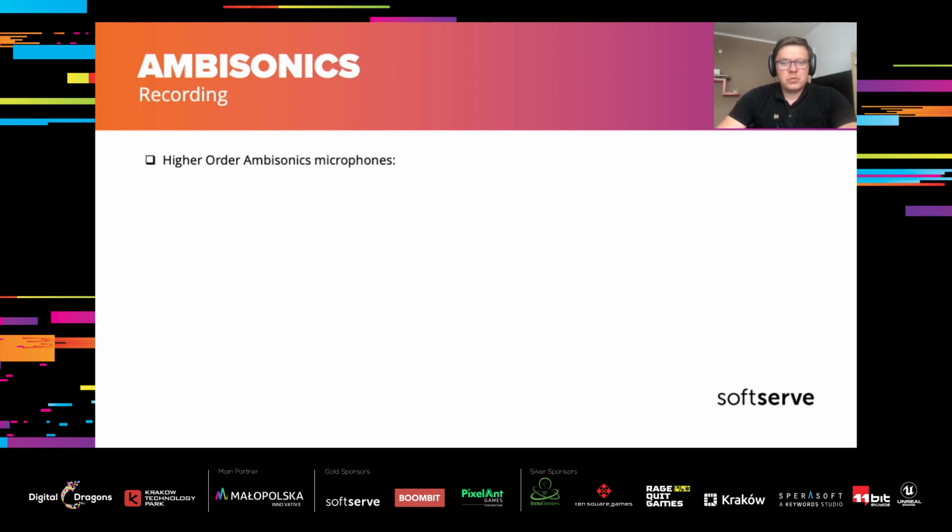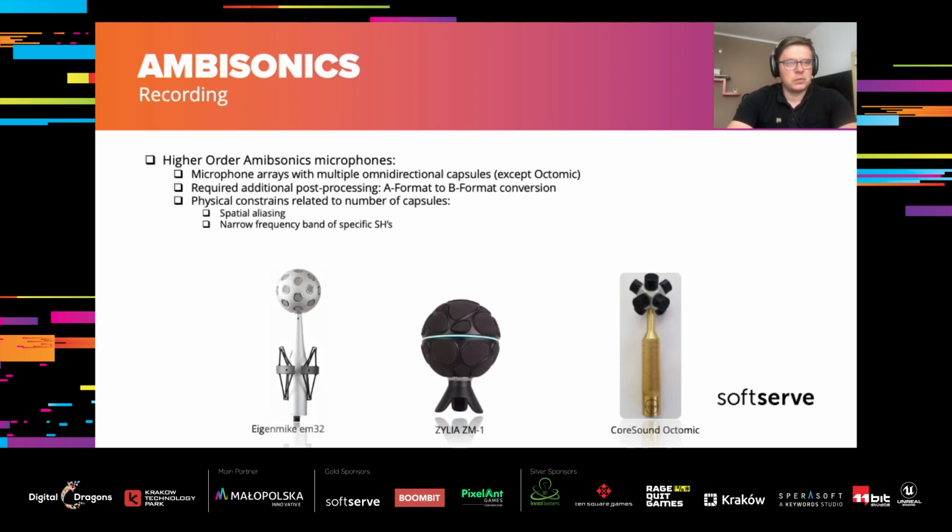Apart from first order ambisonics microphones, we also have higher order ambisonics microphones. Basically, those are spherical microphone arrays with multiple omnidirectional capsules, and they also capture the sound field in A format that needs a conversion to B format.